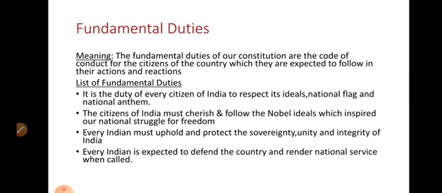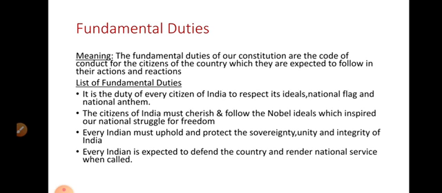Second, the citizens of India must cherish and follow the noble ideals which inspired our national struggle for freedom. Those who fought against the British government and got freedom for our country, there are a number of inspirational stories we used to study, and we went through a number of problems before the freedom in 1947.